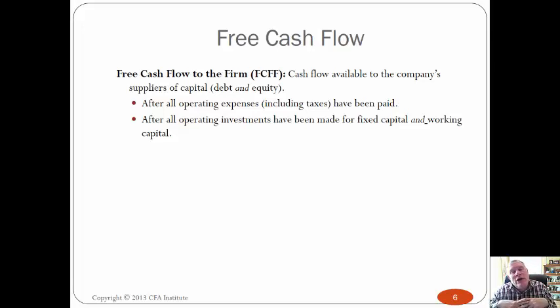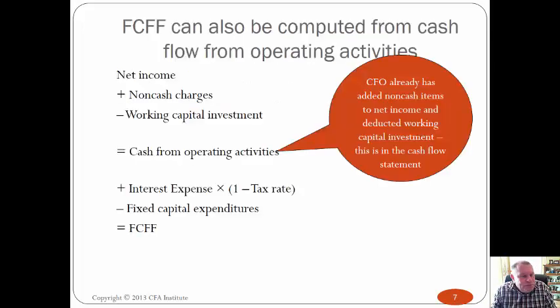Essentially, it takes into account all of the operating expenses before debt service. Okay? Debt service also includes interest. So that's an adjustment that's made. And after operating investments for fixed capital and working capital. We're still going to start with the same: there's my net income, non-cash charges, less working capital investment, cash from operating activities.